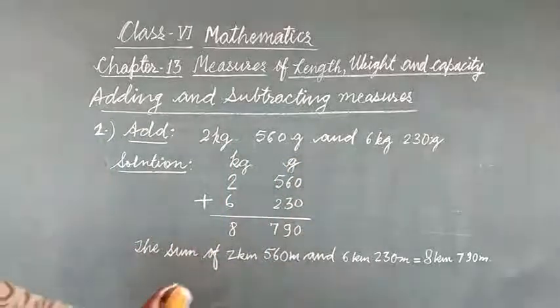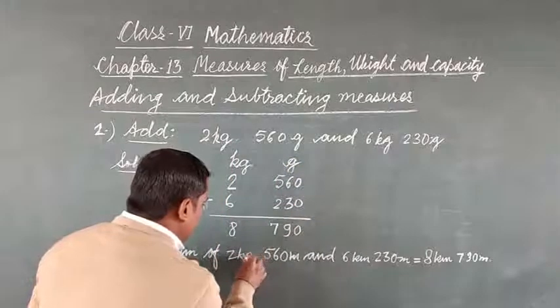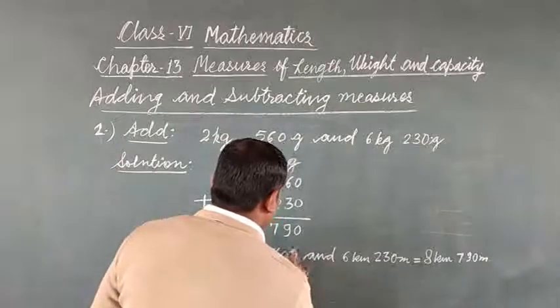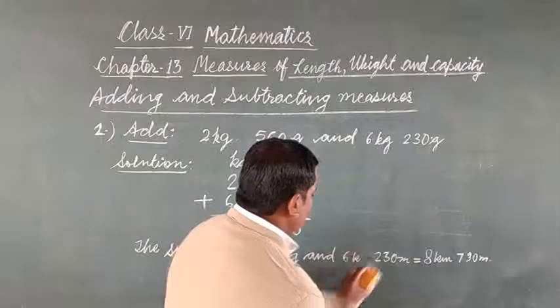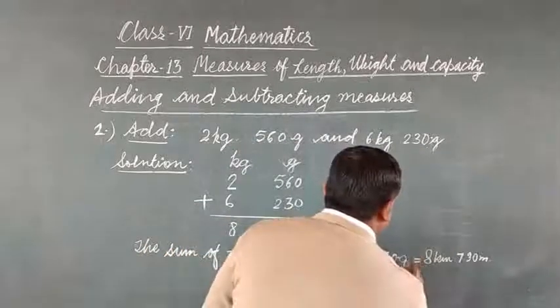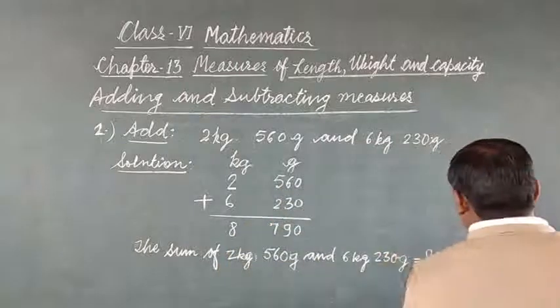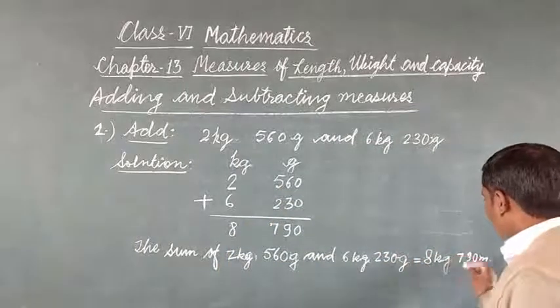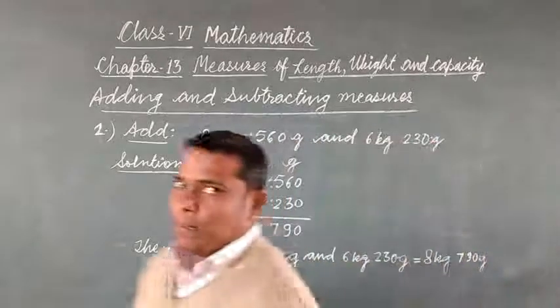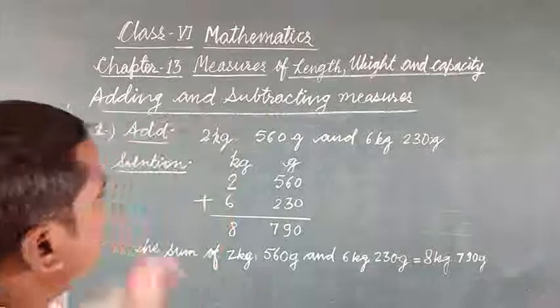Then we just change the units here to kilogram and gram, and the answer we will get in kilogram and gram. So this only we have to do. If two weights are given to us, then we can easily add.